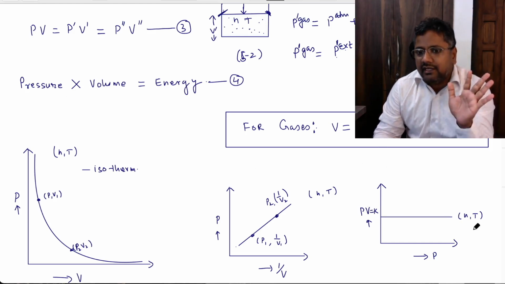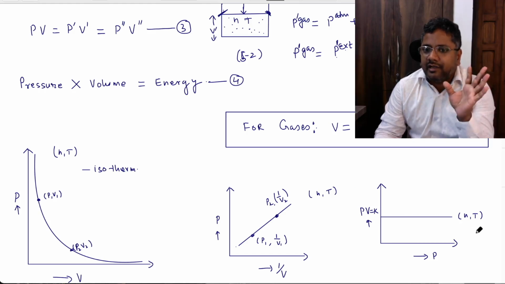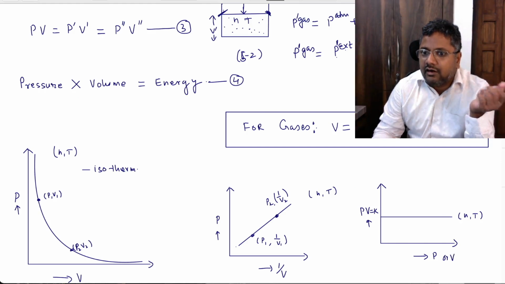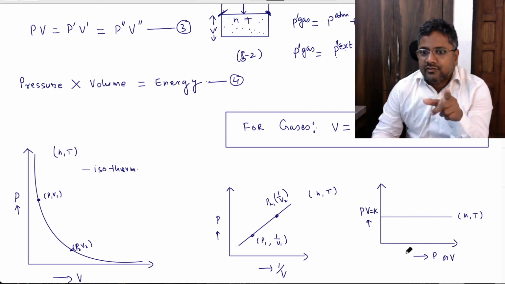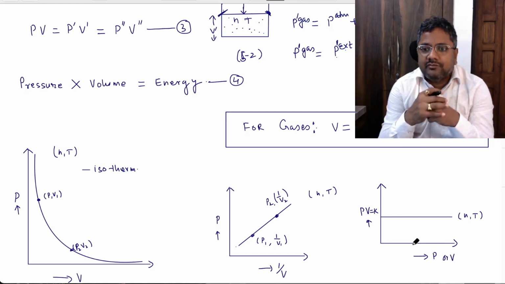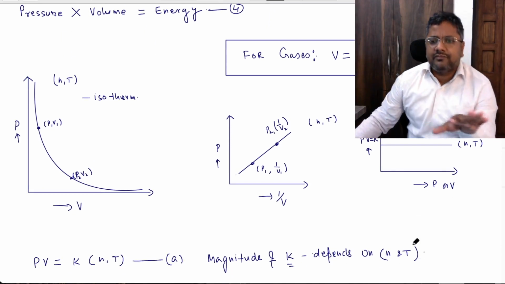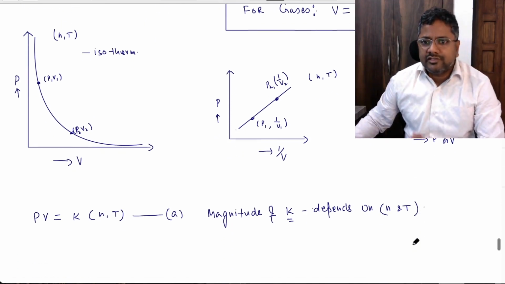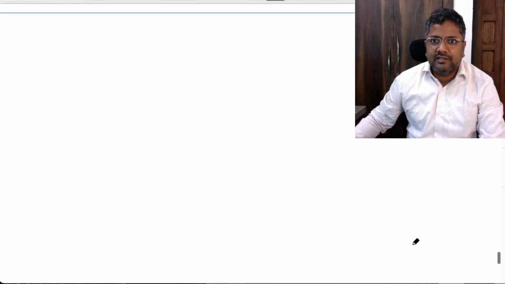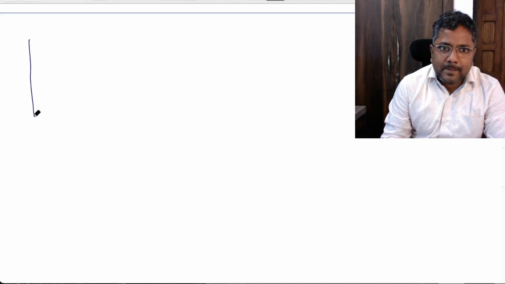If N and T are constant, then energy is independent of P or V, right? So these are the different plots which we can make for Boyle's law. Now see, one more plot we can see.